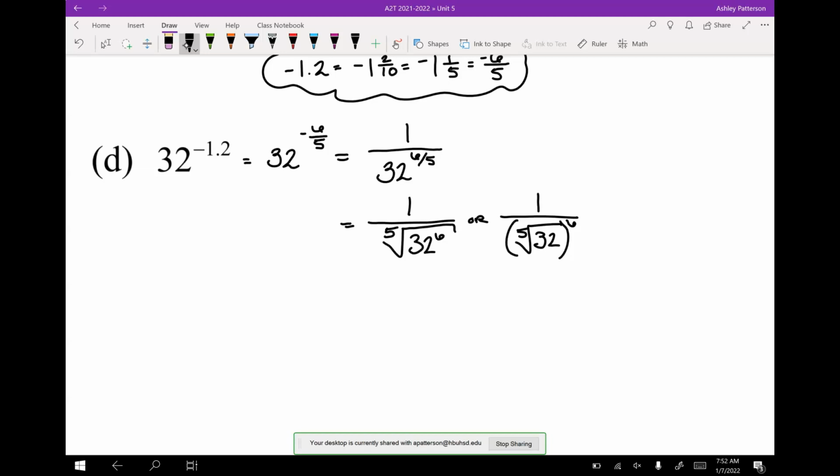Do we want the first option or the second? Jimmy, I agree. Let's do the second. What is the 5th root of 32, everyone? 2. Nicely done. So we get 1 over 2 to the 6th, and then what is 2 to the 6th? Nice, very nice. So we get 1 over 64.